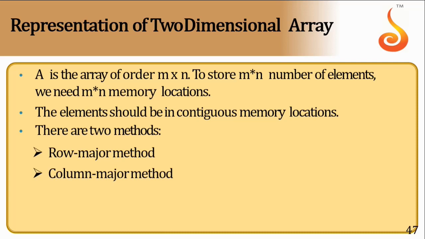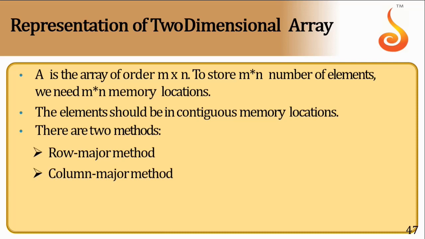For example, if I am storing integers, then that many blocks of memory I would need to store 9 integers. These are continuous memory locations, and the storage can be done in two different methods. One is the row major method and the other one is the column major method.